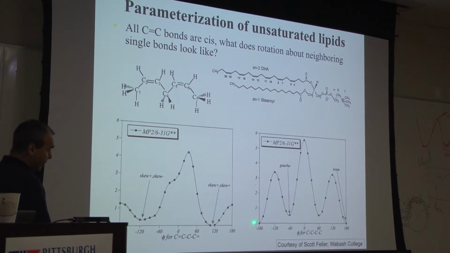Here you have a very large trans conformation, at 180 degrees, and then you have gauche, very steep potentials rising on both sides. So you are accumulating the system in these very ordered structures.